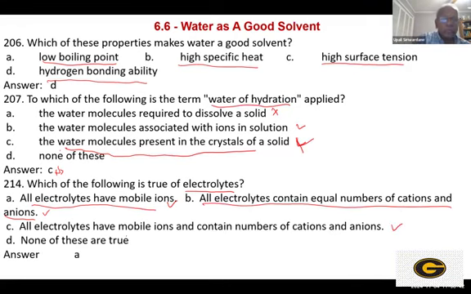This is the most correct answer: all electrolytes have mobile ions. All electrolytes contain equal numbers, that's true in certain cases, not always. All electrolytes have mobile ions and contain numbers of cations and anions. This is not specific. This is the most correct answer.